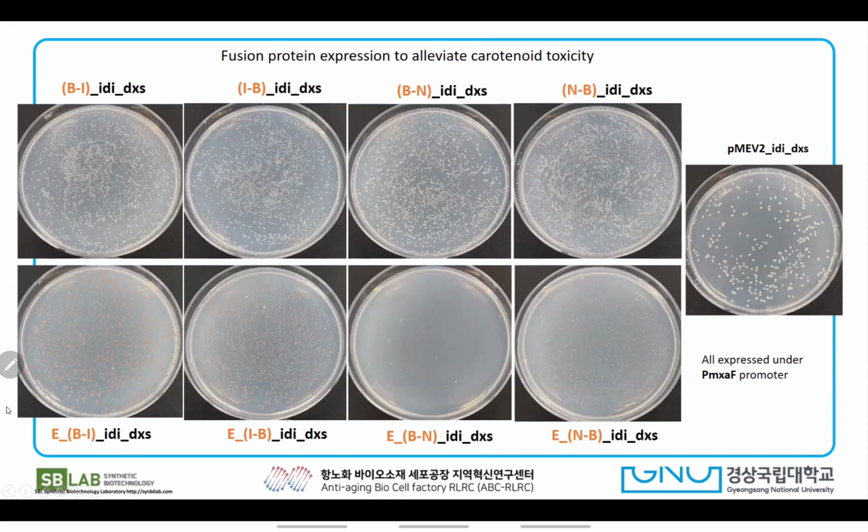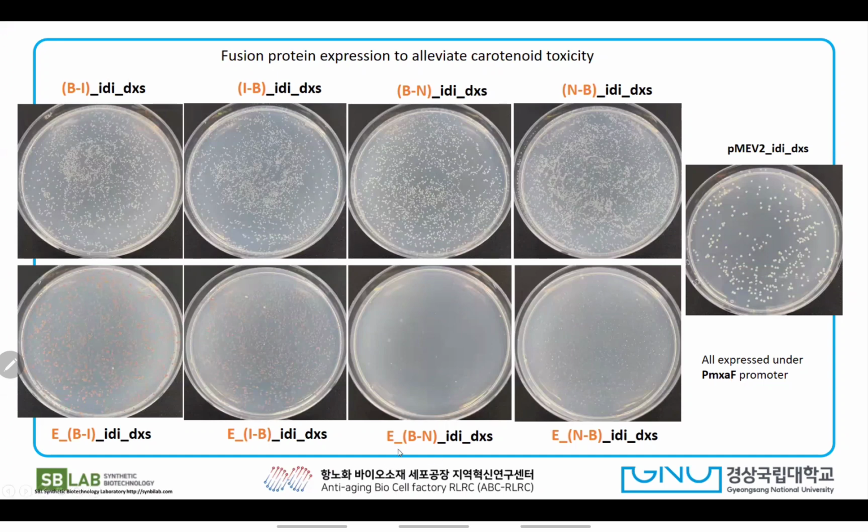But when we introduced CRTE, the E, BI, and IB were able to form colonies with lycopene production and very good color development. But in the case of BN and NB fusion, we were not able to see any proper colonies or any color development.